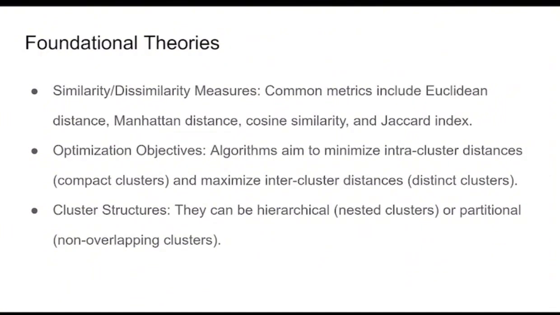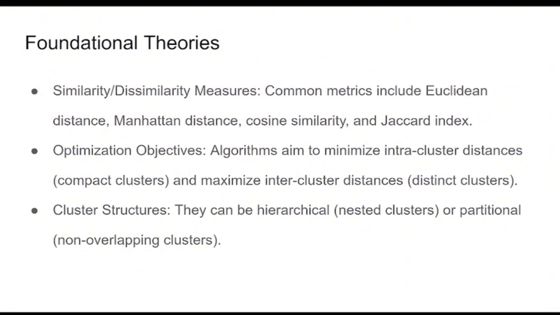To better understand clustering, let's cover some foundational ideas. For similarity measures, algorithms often use metrics like Euclidean distance, Manhattan distance, or cosine similarity to evaluate the closeness of data points. Each metric captures a different aspect of the data's structure.